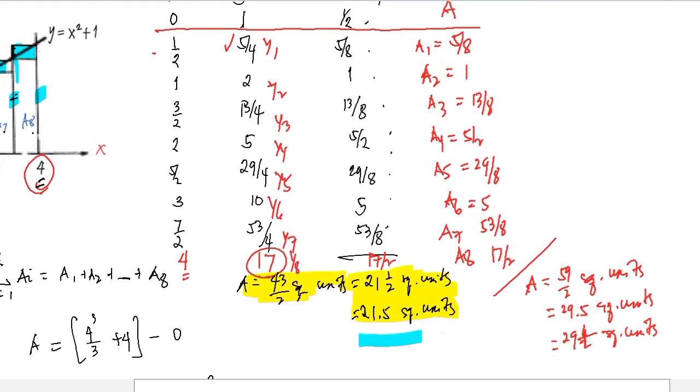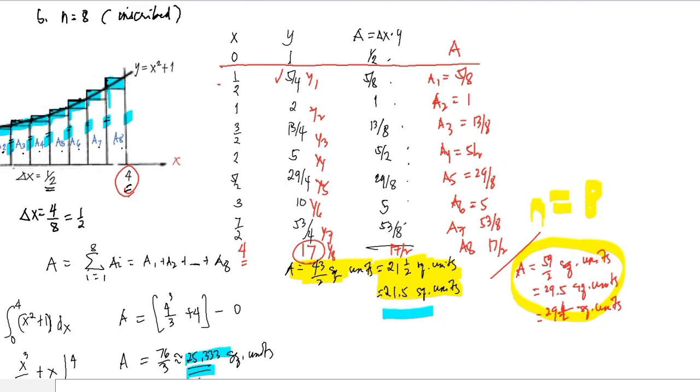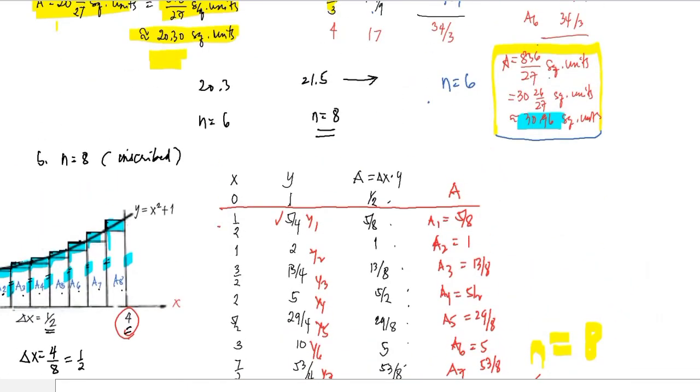So, if we are going to compare, yung lumabas na sagot natin is 29.5 dito sa n is equal to 8, no? And this is circumscribed. Kumpara natin kanina doon sa true value natin, which is 25.33, no?